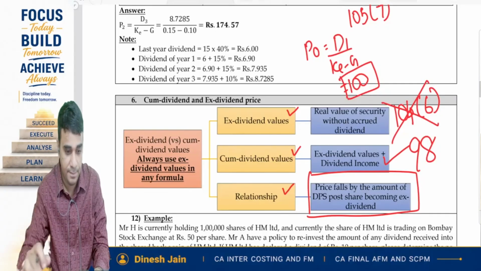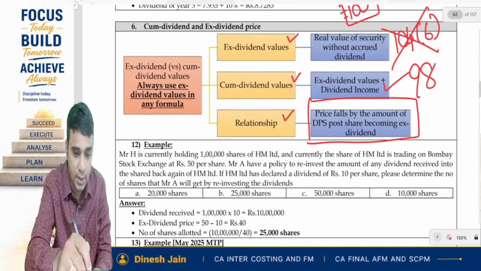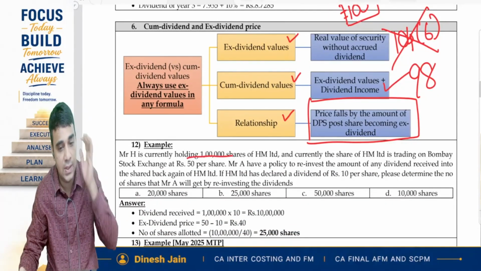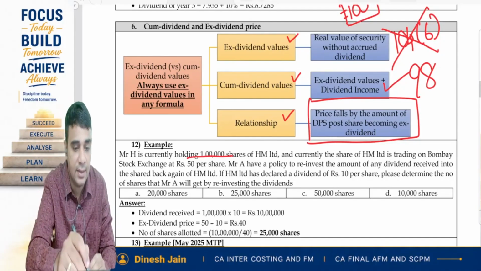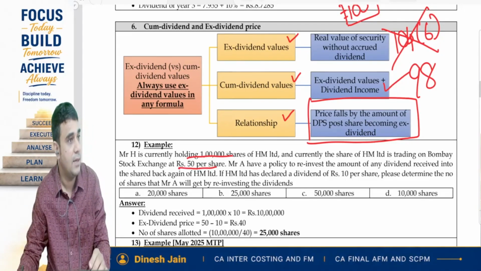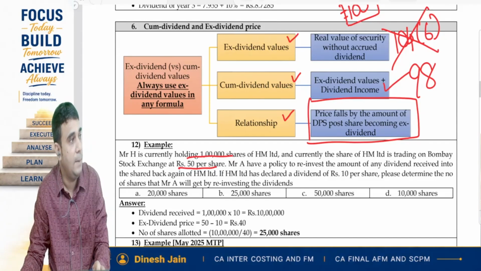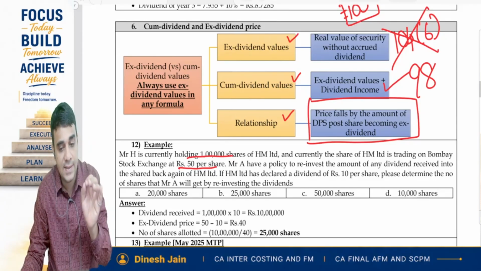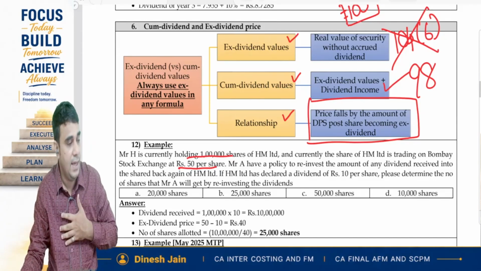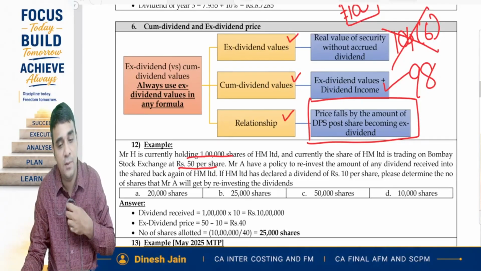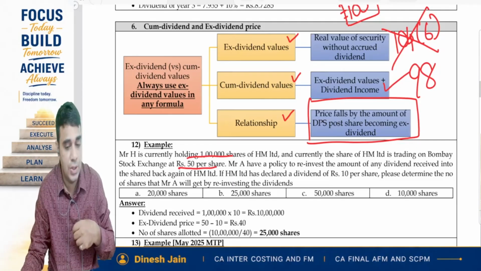For example, I am holding 1 lakh shares, currently trading at 50 per share. Mr. A has a policy to reinvest the amount of dividend into shares.